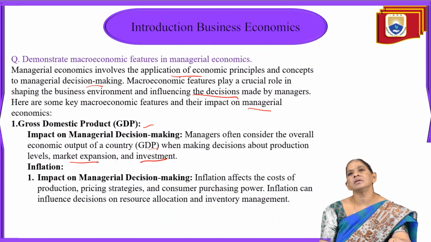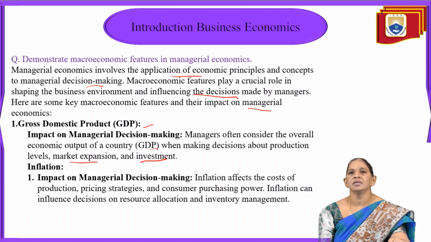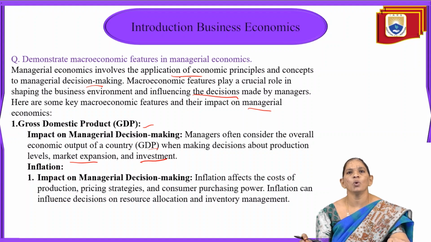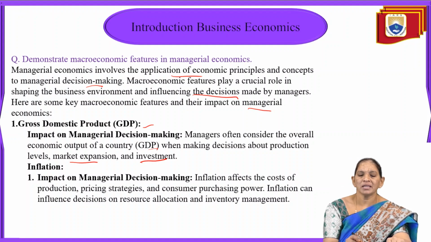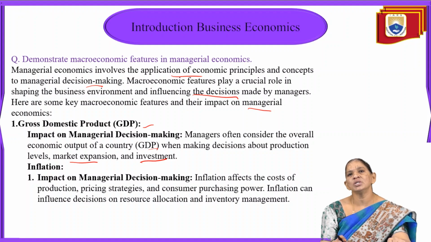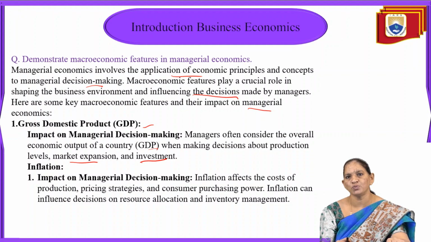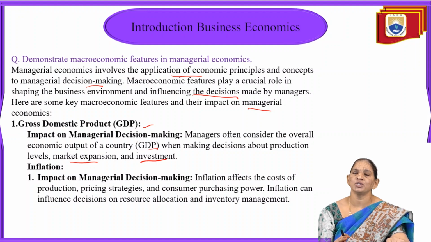It means our country's economic growth will be influenced by factors like overall production of goods and services, market expansion, what sort of national and international expansion of the markets there will be, and investment, national or international, like MNCs, multinational organizations. So by influencing these GDP trends or changes, the macroeconomy changes and plays a crucial role in the economic development of the country.